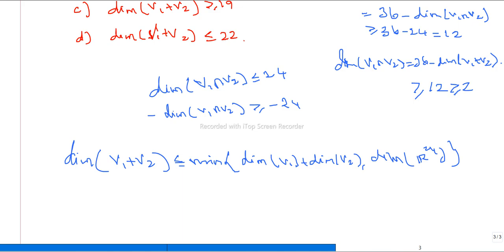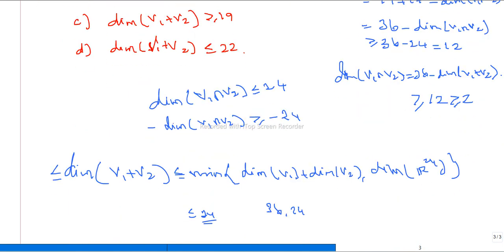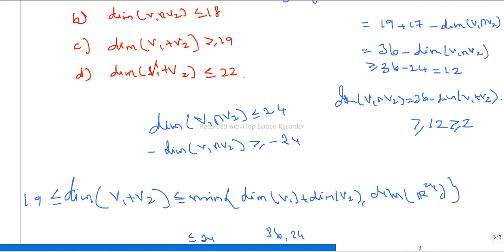The sum of dimensions is 36 and this is 24, so the minimum is 24, therefore less than or equal to 24, which is trivially always true. And it is greater than or equal to the maximum of the dimension of V1 and dimension of V2, which is 19 and 17, so the maximum is 19. So you are saying C, because it satisfies this.